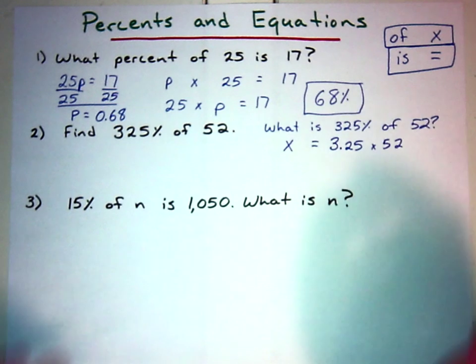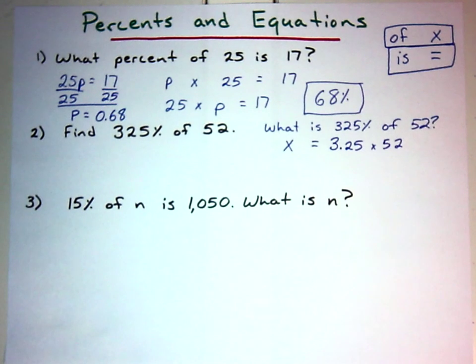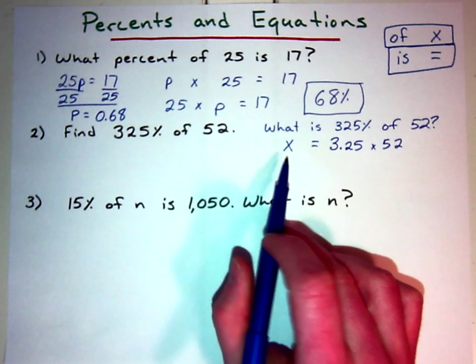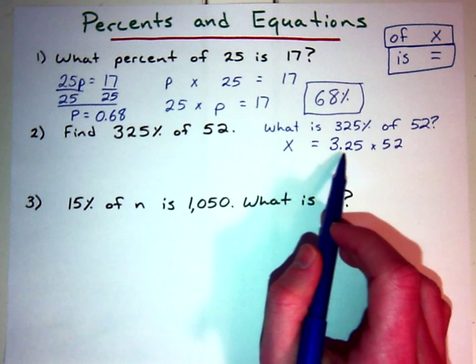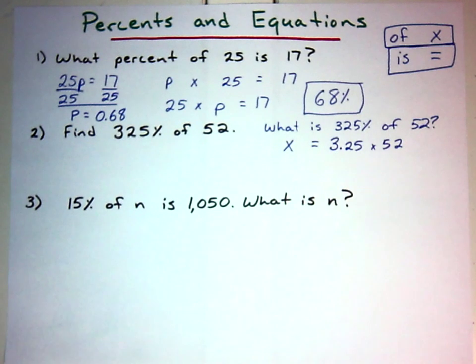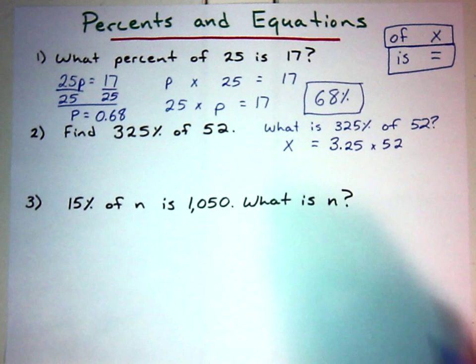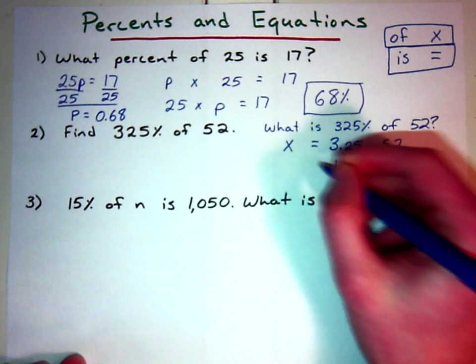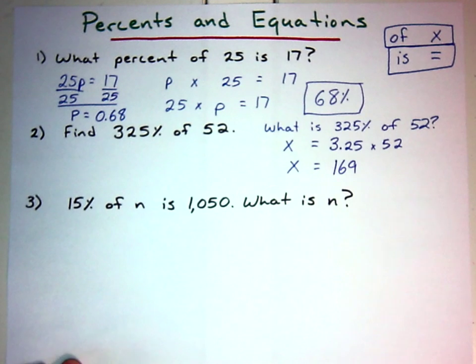I'm going to use x, because I like x. And this one is actually really easy, because we don't even need to solve a one-step equation, because x is already isolated. All I have to do is find out, well, what is 3.25 multiplied by 52? So 3.25 multiplied by 52, that's going to get us 169. So x equals 169.